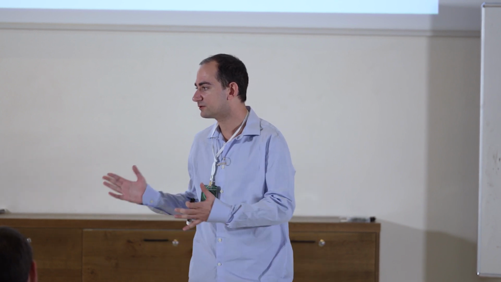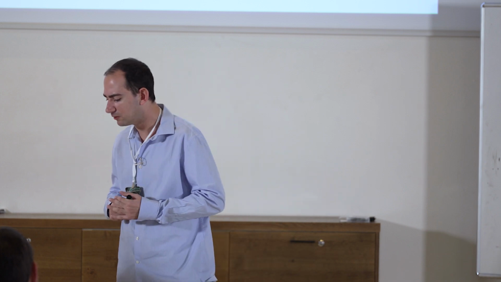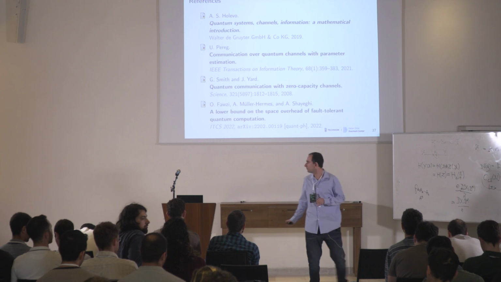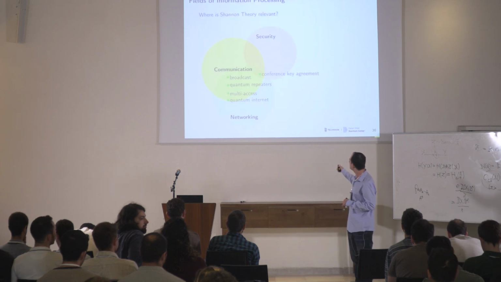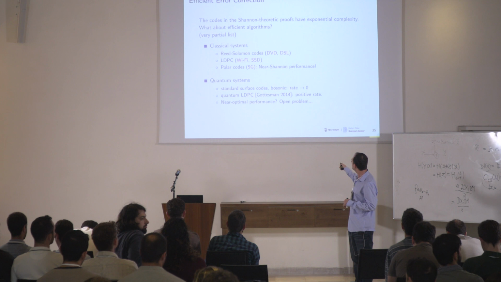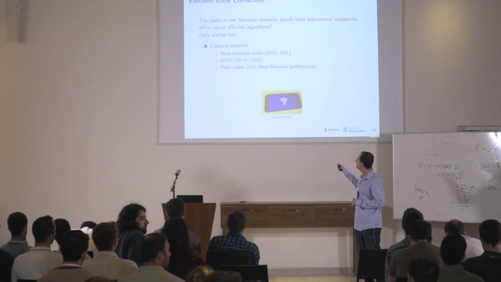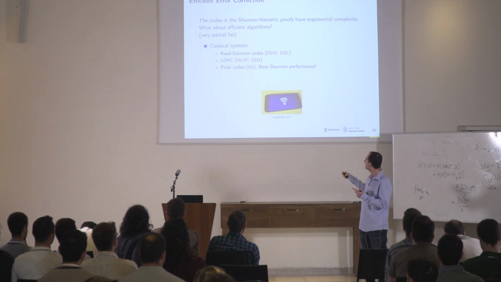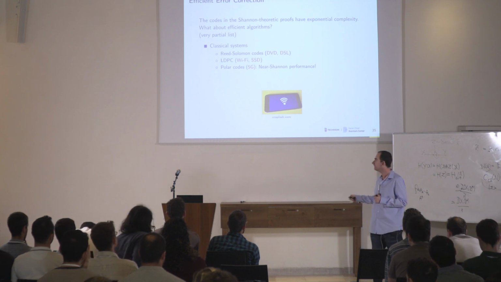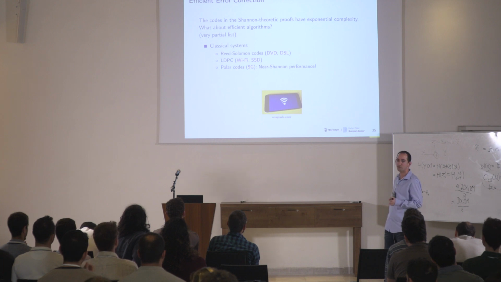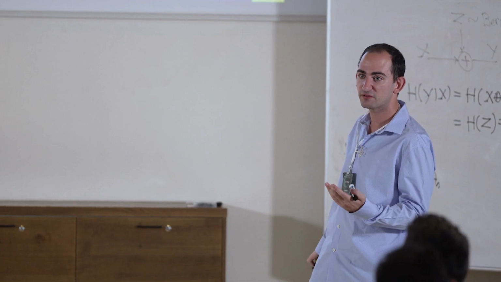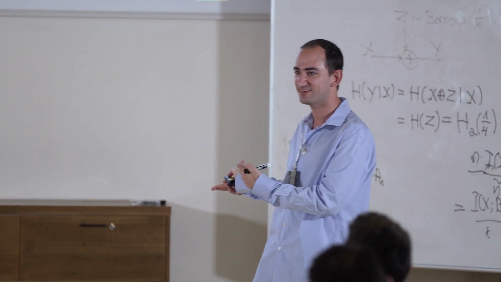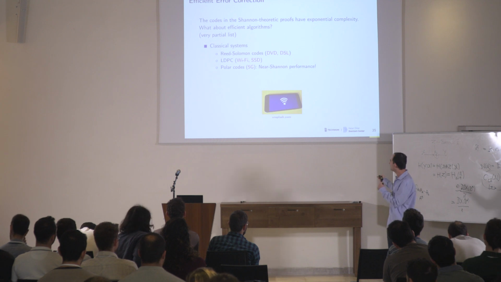Also, although I haven't really spoken about error correction, what we know about efficient codes for error correction is somewhat limited. In the classical case, we have codes that are used in practical systems, Wi-Fi, 5G for cellular communication, and some of them have near-Shannon performance. They are optimal or near optimal from a Shannon-theoretic perspective. This is what we have in classical systems, in theory and practice.